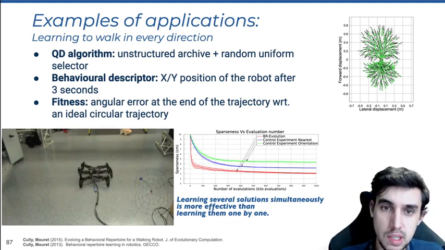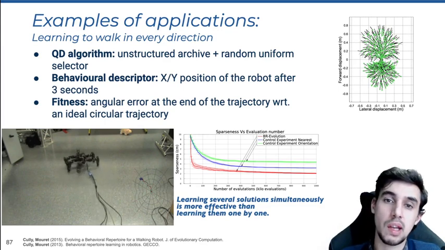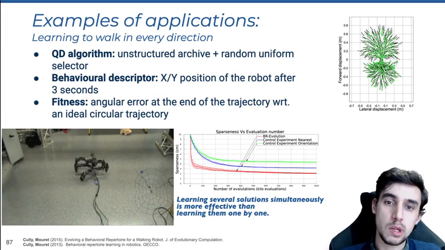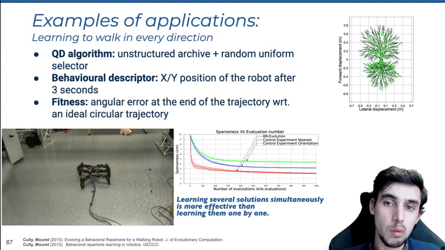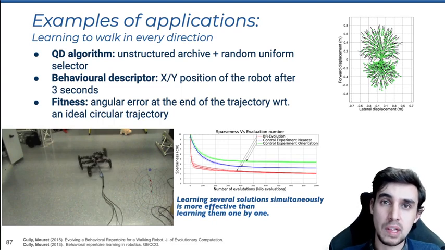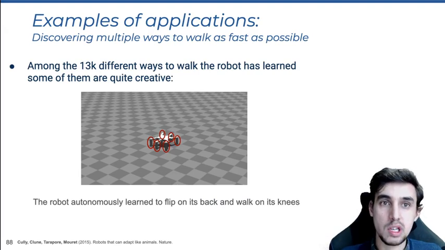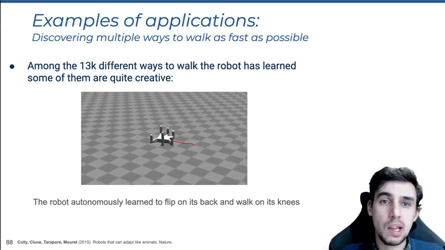So we show that not only is it a simple and effective algorithm, but it's also an algorithm that can accumulate some interesting stepping stones that will lead to better solutions eventually. So that's what we say here, that learning all the solutions in one go is definitely more effective than learning them one by one. I already showed you some examples of creative solutions where the robot flips on its back and walks on its knees.